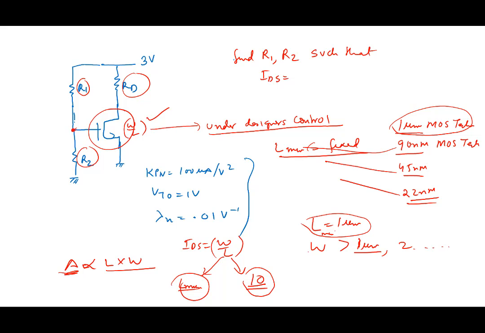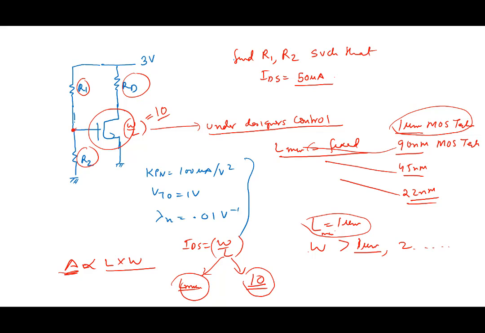So right now, let me make the problem a little simpler by saying W by L is given to you. W by L is equal to 10. Okay. So find R1, R2 such that IDS equal to, say, 50 microamperes. Okay. I want to bias it at 50 microamperes. So how do I do that?